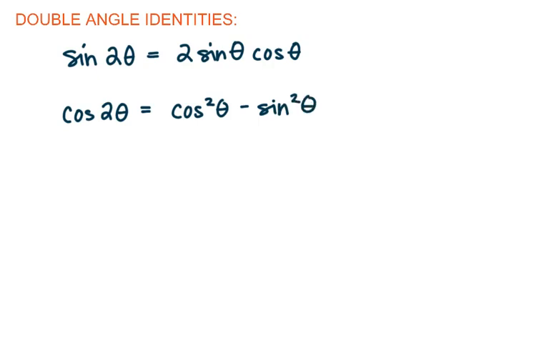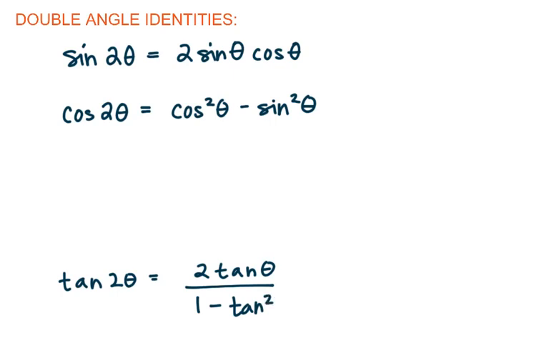And I'm going to leave some space here and write my tangent 2 theta at the bottom. So tangent 2 theta is 2 tangent theta over 1 minus tangent squared theta.